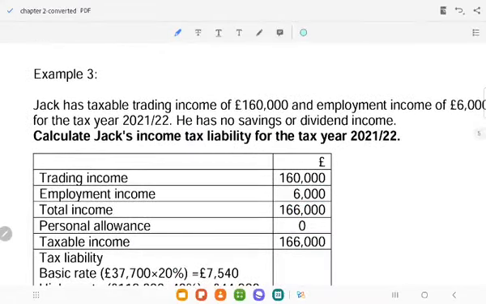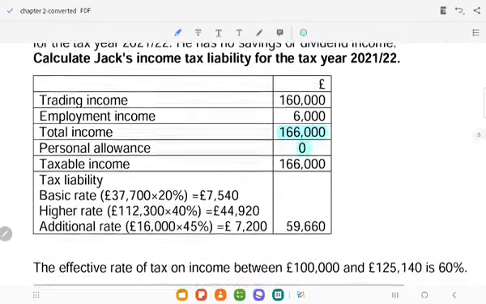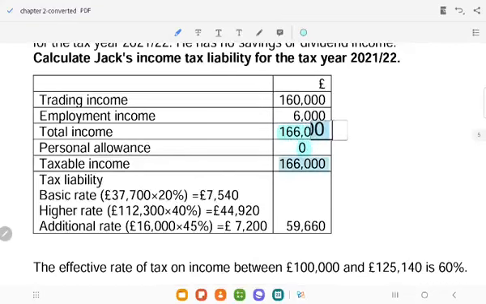Now Jack has a trading income of 1,60,000 and employment income of 6,000. So his total income is 1,66,000, and remember that if a person has an adjusted net income of more than 1,25,140, there is no personal allowance available to him. So personal allowance is 0, and the taxable income is again 1,66,000.